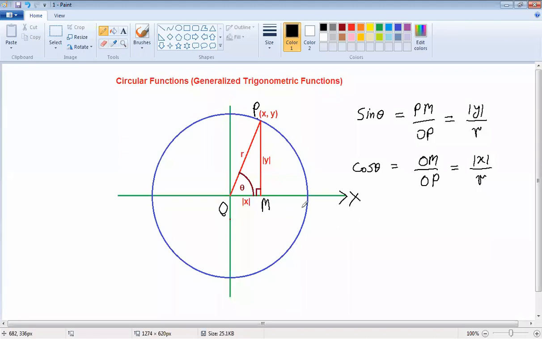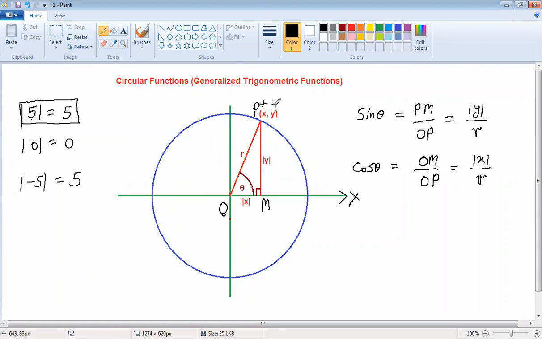So what is mod? I told you, mod of a positive number is the same value. Mod of 0 is 0. But mod of a negative number is its positive value. So as far as the mod of positive numbers is concerned, the mod has the same value as the number. Here the x coordinate and y coordinate in the first quadrant are both positive.